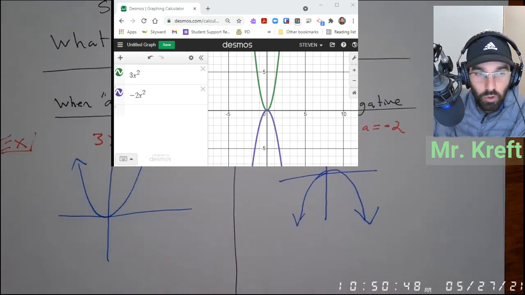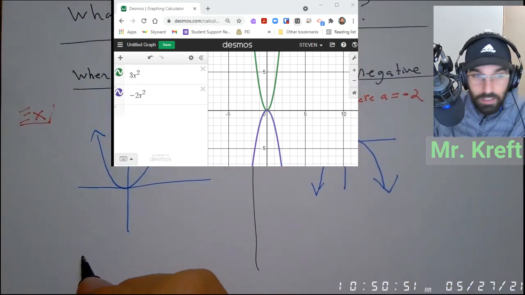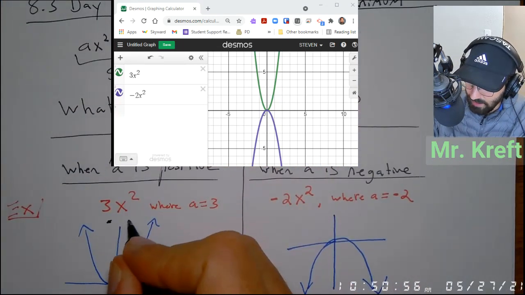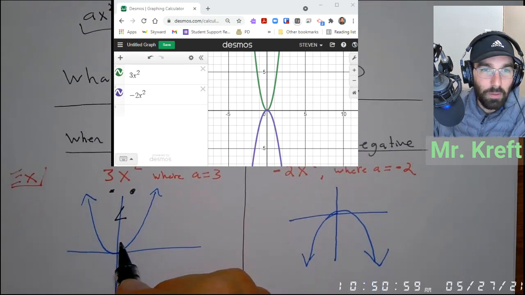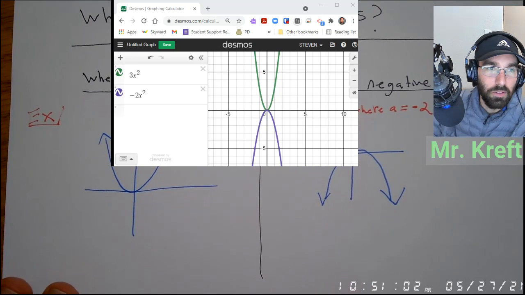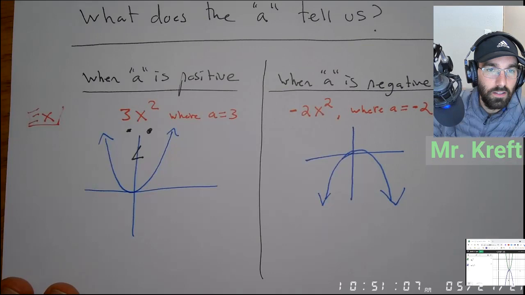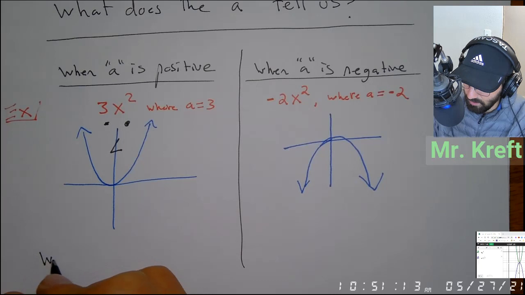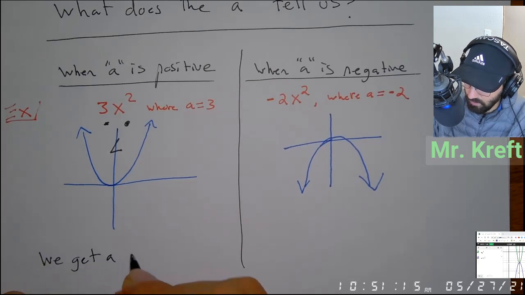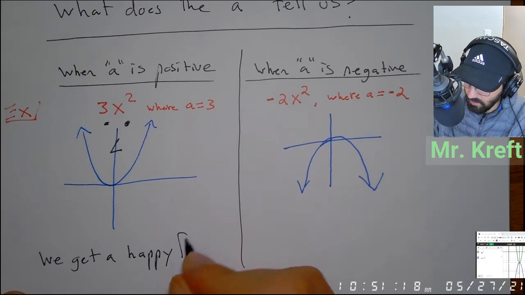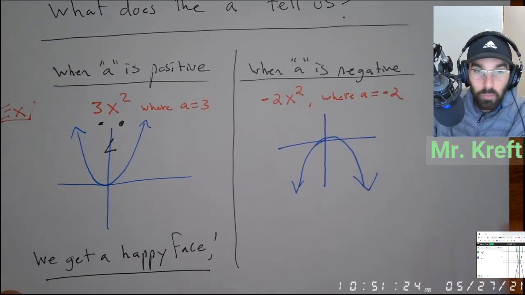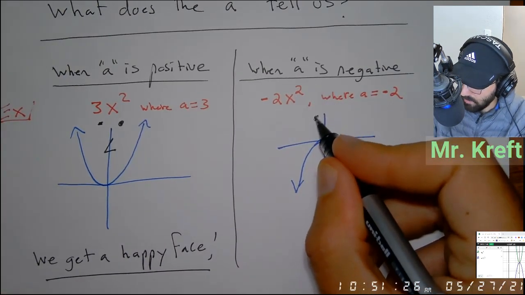So you guys are seeing the pattern. I'm just going to write that down in our notes. When a is positive, this is how I like to think of it: I like to add a little face on. When a is positive, we get a smiley face. Here, I'm going to get rid of my graphing calculator really quickly. Sorry about that. When a is positive, we get a smiley face, a happy face.